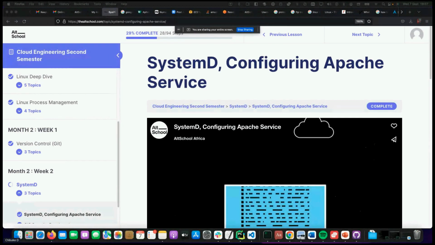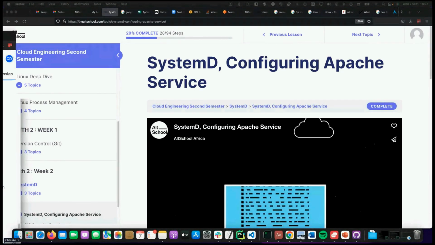Where's my screen? Hold on, please, I'm looking for my screen. Oh yeah, how I kept it. Okay, it's here.